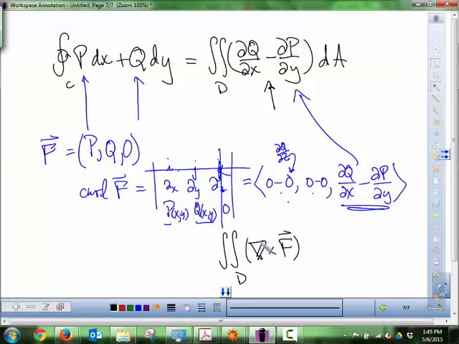How can I make this not into a vector? Dot it with k, 0, 0, 1. If you dot this with 0, 0, 1, you get exactly that.